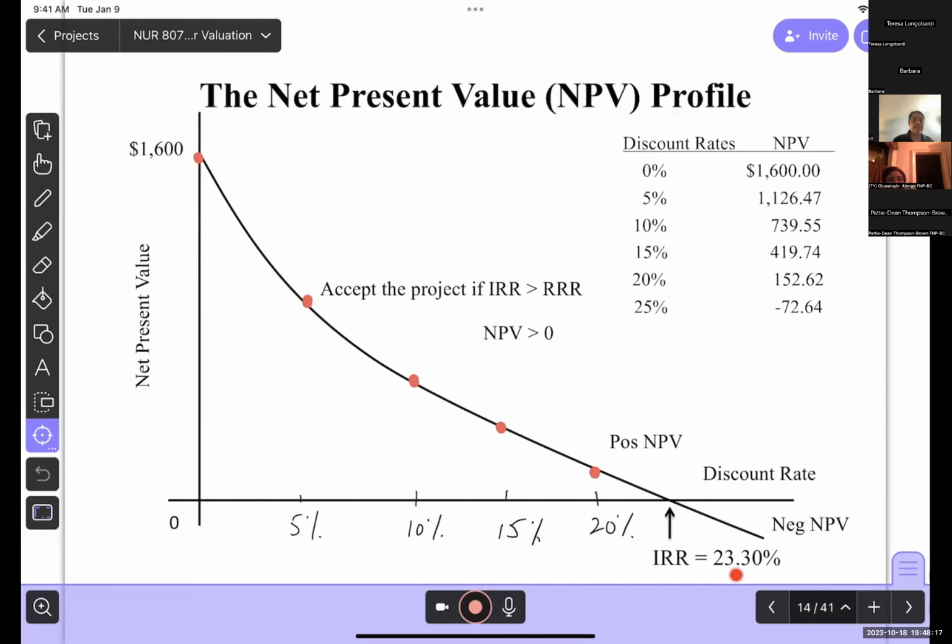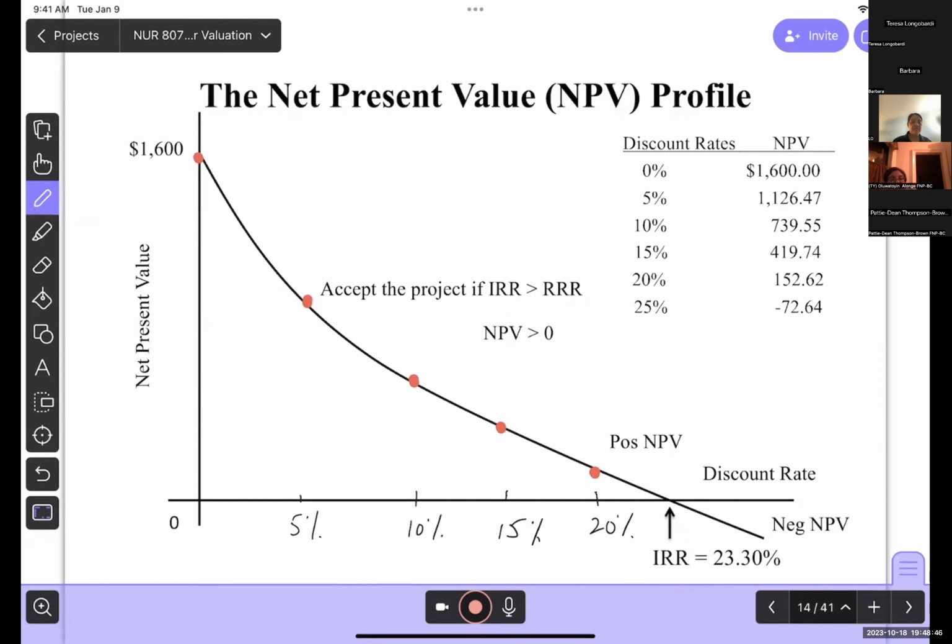So this is giving you a cutoff as well. It's telling you that you can only pursue the project as long as you have a discount rate that's less than this. In other words, you can see this as the project's return on investment. It's saying 23.3%. You compare that to your own discount rate or the interest rate you're using. I call it the required rate of return.